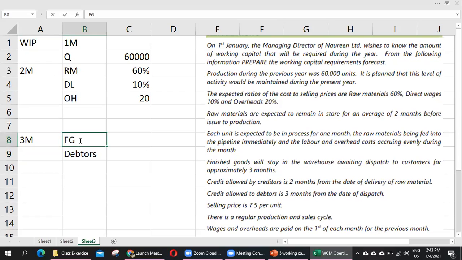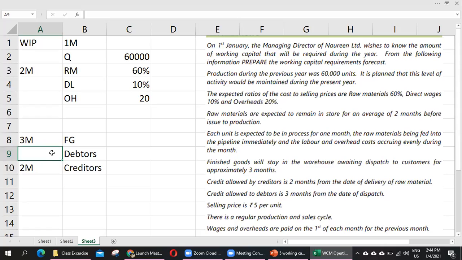Finished goods we keep for about 3 months, and credit allowed by creditors is 2 months from the date of delivery of raw materials. Creditors, so they give us 2 months credit, and credit allowed to debtors is 3 months from dispatch.